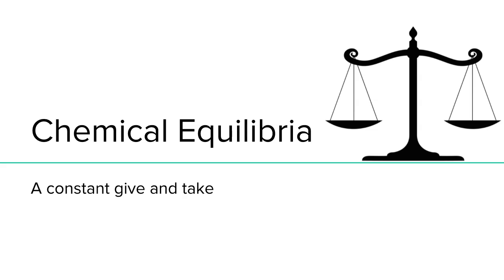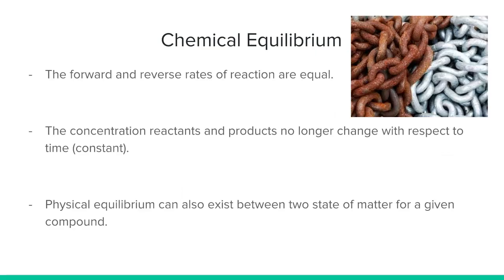So let's take a look at chemical equilibria. Chemical equilibrium is really defined by two different parts that come together to make this state. The first part is that the forward and the reverse rates of a reaction are equal when a given reaction is in chemical equilibrium.